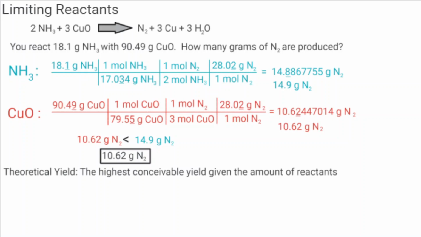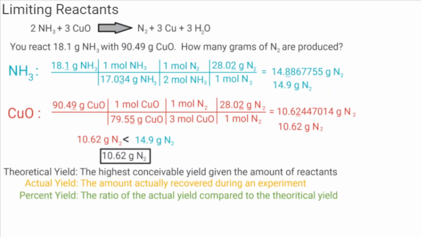Now the thing is in truth, we probably won't. And so if we were to conduct this experiment, we would get out an actual yield, the amount that you could actually recover during a chemical experiment. And one of the ways that we like to compare these two values of what we actually got out and what we could potentially get out is to look at the percent yield. The percent yield is a ratio between the actual yield compared with the theoretical yield.